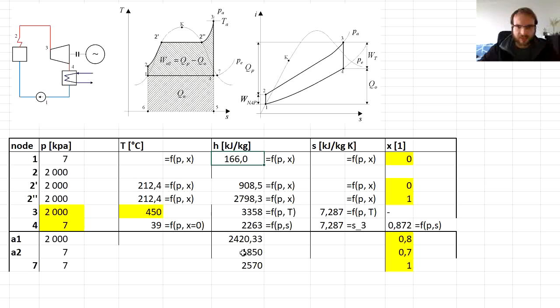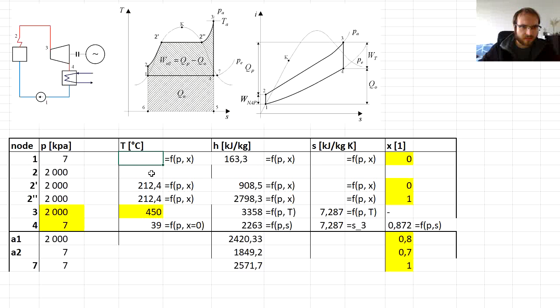If we get the precise values, which would be not 1850 but 1849.2, and over here 2571.7, we would get the exact value at point 1, which should be 163.3 kilojoules per kilogram.